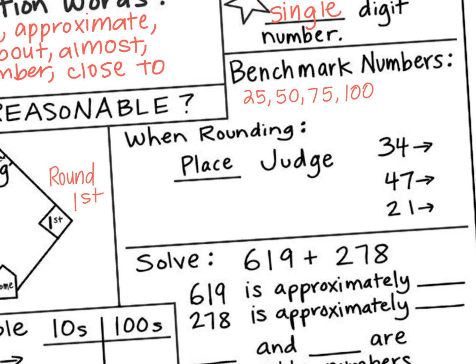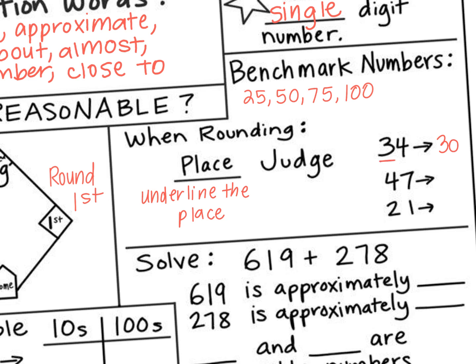When rounding, say for example 34, I might round 34 to 30, okay? I want to underline, when I'm rounding, I always underline the place. We just did this. So when I'm trying to make numbers friendly so that I can estimate a problem and estimate an answer, I want to round my numbers first, and I always underline the place.